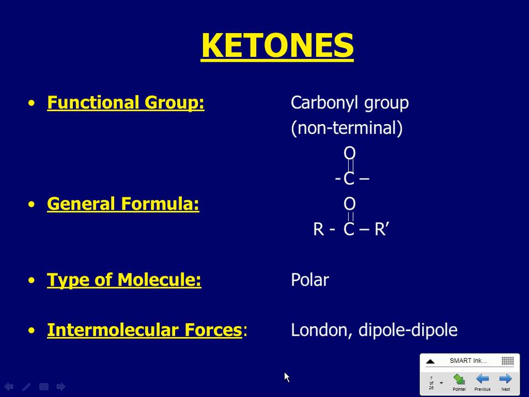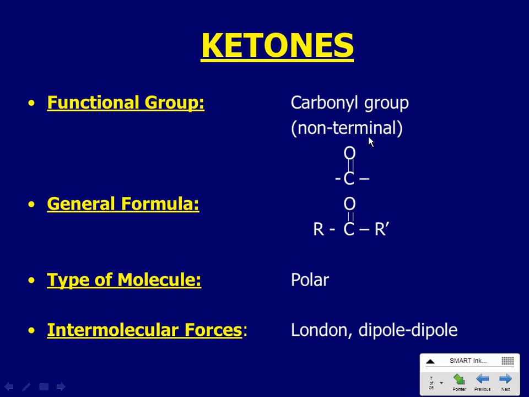So our ketone has a carbonyl group, non-terminal. When we say terminal, we mean the end of the chain, right? So if we have a terminal alcohol, it's at the very end of the chain. If we have a terminal carbonyl group, it's at the very end of the chain, and it is an aldehyde.